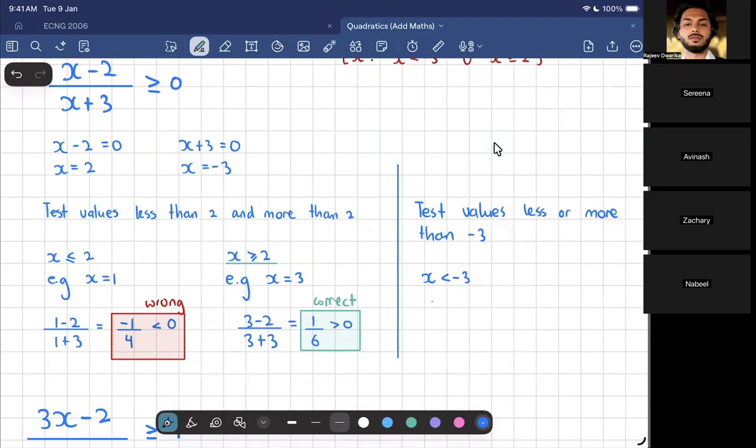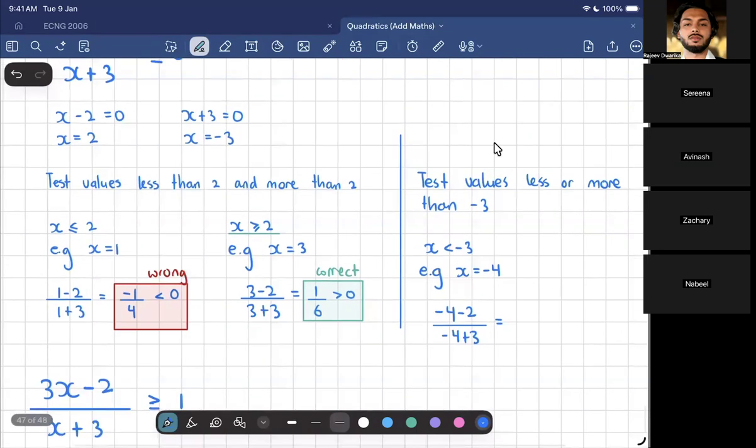Right. So tell me what to plug in. Give me a value less than negative 3. -4. Right. If we plug in -4, that's going to be -4 minus 2 over what? -4 plus 3. What is -4 minus 2? -6.